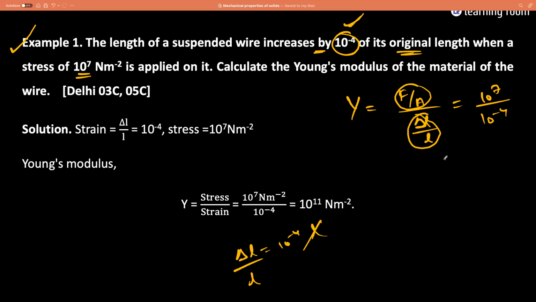If you put 10 power minus 4 here, the answer will be 10 power 11 Newton per meter square. Simple problem, no? 10 power 11 Newton per meter square.